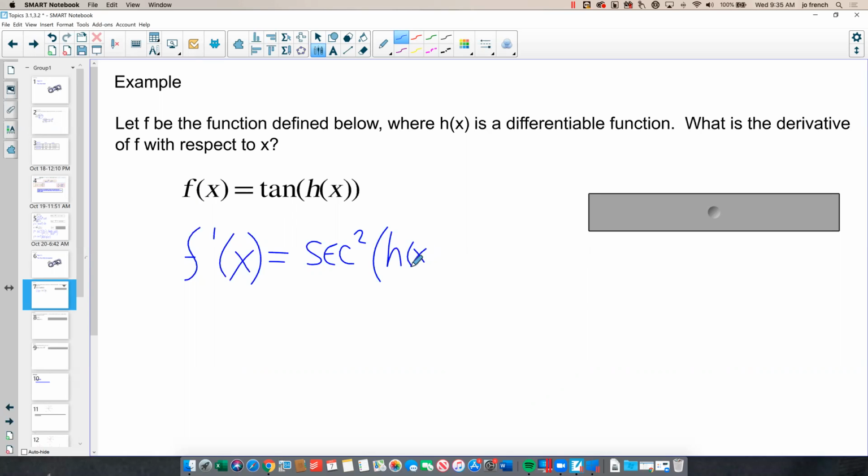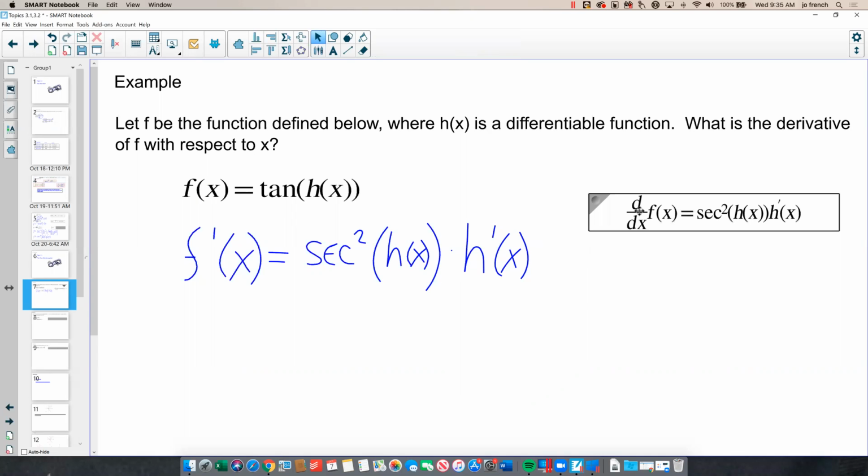So the h of x remains untouched. I'm taking the secant squared of h of x. Then I multiply by the derivative of the inside, or the next layer. So that would be the derivative of h of x, which would be h prime of x. And there's our answer. Secant squared of h of x times h prime of x.